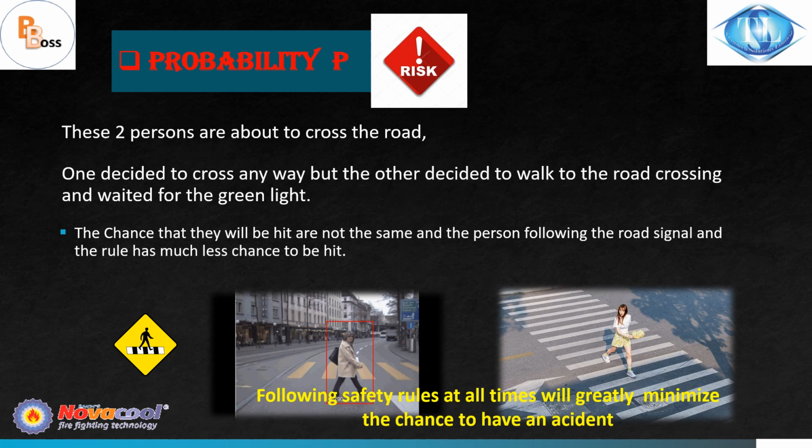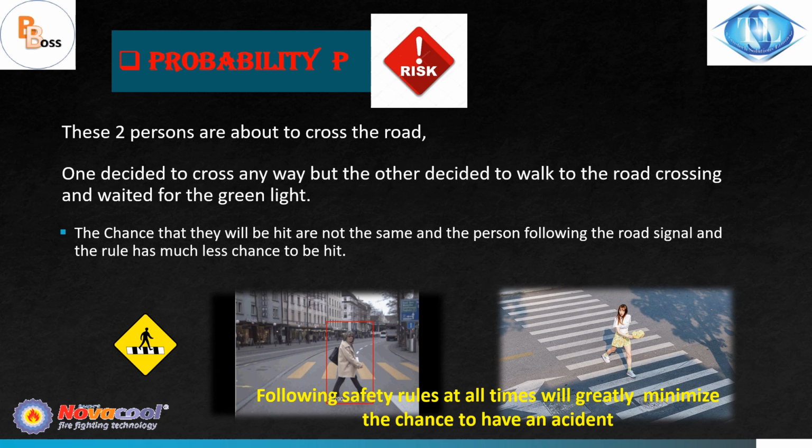And that goes for any rule that we have: the no smoking sign, following a certain procedure, or listening to an alarm. If you follow the rules, they are made to reduce the probability and sometimes severity as well.